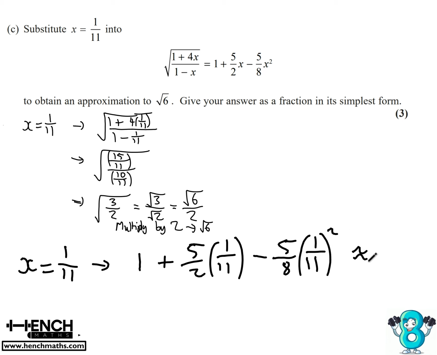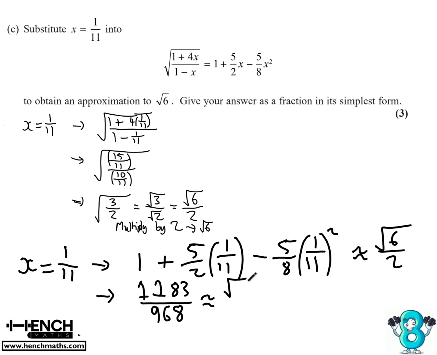This should be approximately equal to root 6 over 2. So if we sub this into our calculator, this means then that as a fraction we get 1183 divided by 968, and that is approximately equal to root 6 over 2.